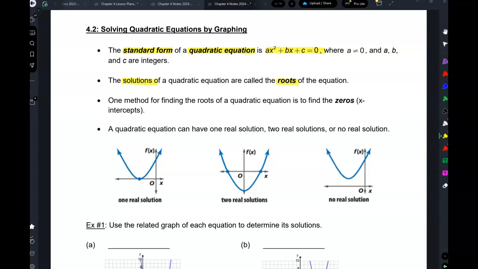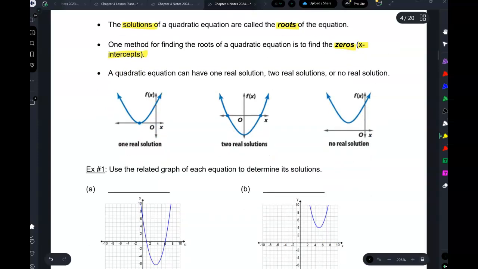One way to find the roots is to find the zeros on the graph, and the zeros are just the x-intercepts. In other words, x-intercepts, zeros, roots, solutions all refer to the same thing.